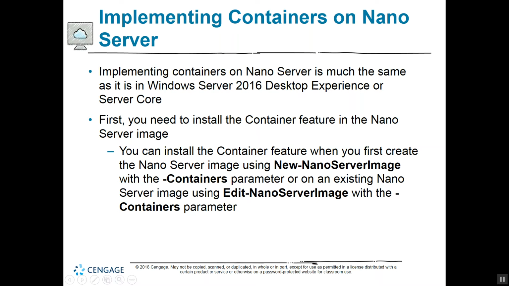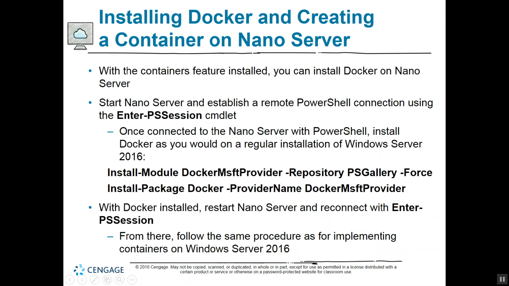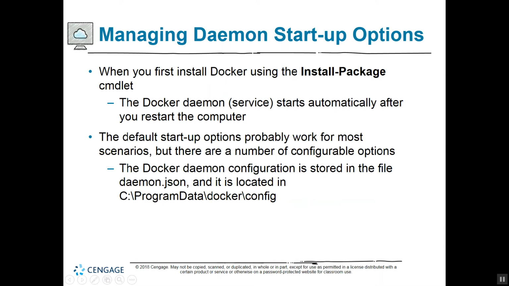Now you can edit the image if you need to with the Containers parameter. We should have gotten real strong on PowerShell by now, but like I said early on, there's a lot of PowerShell that we're covering.